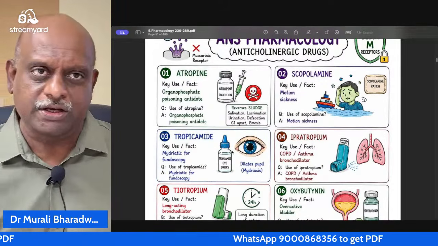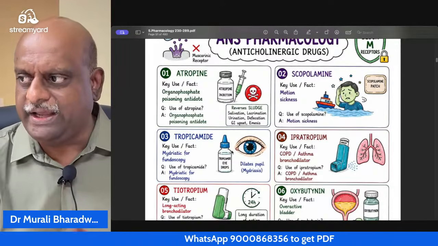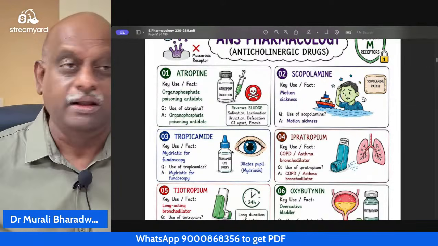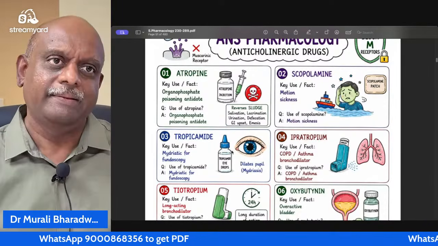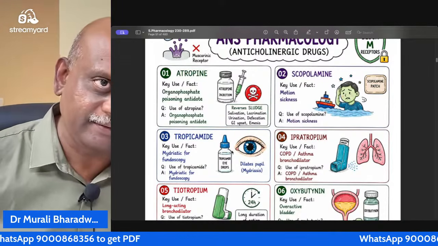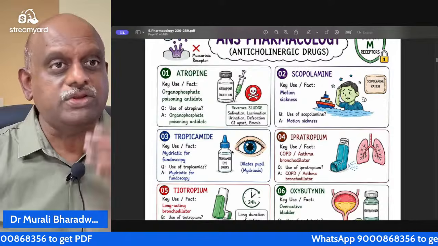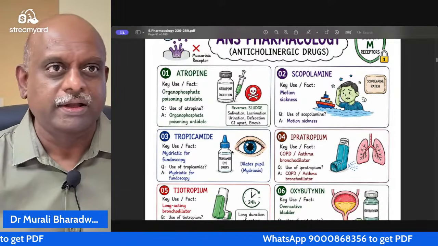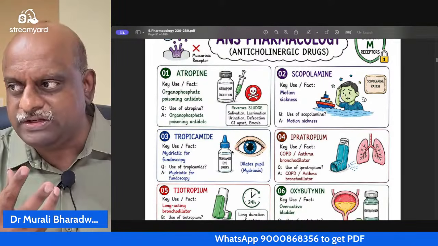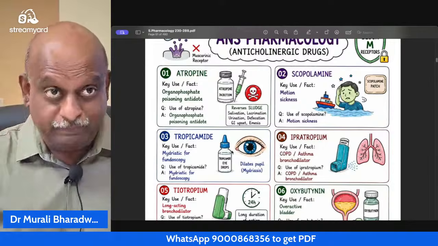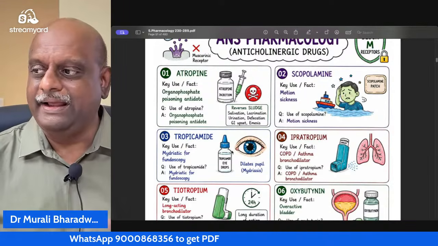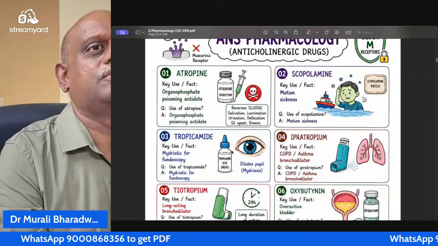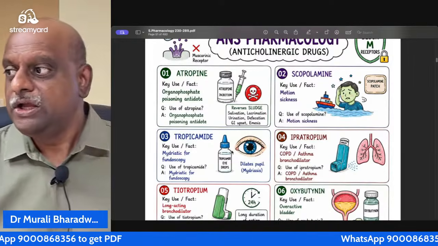Salivation, lacrimation, urination, defecation, GI upset, emesis, which are all cholinergic symptoms, are antagonized by atropine, which will make, instead of salivation, dry mouth, lacrimation, dry eyes, bladder retention, right? And all these are opposite to cholinergic effects.